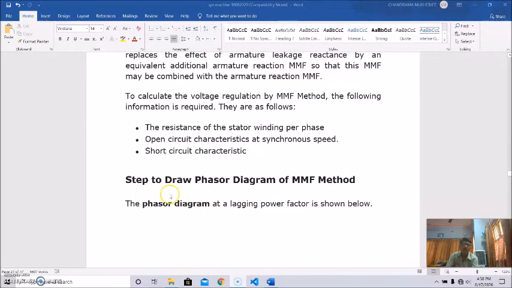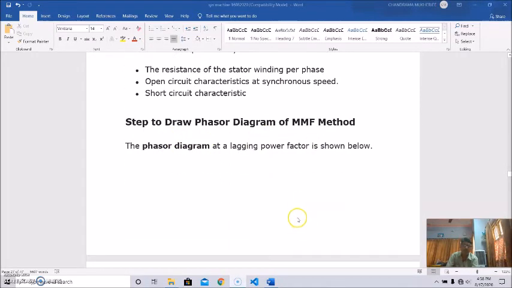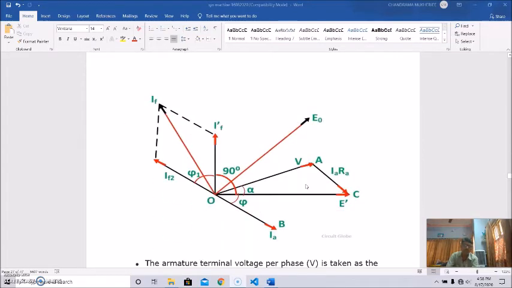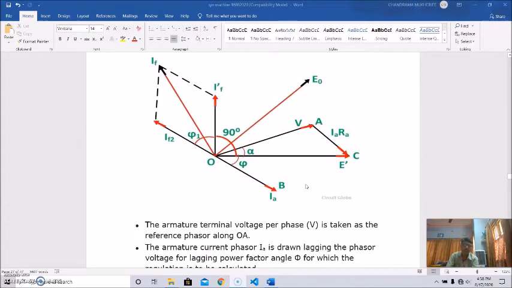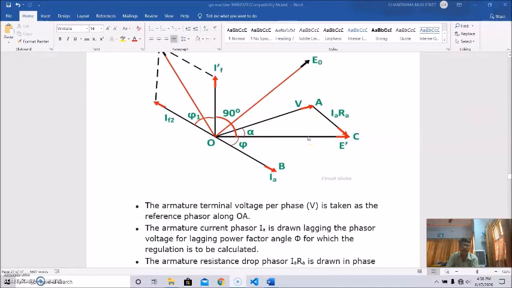How to draw the phasor diagram of the MMF method? The phasor diagram at lagging power factor is shown here. The armature terminal voltage per phase V is taken as the reference phasor along OA, and the armature current phasor IA is drawn lagging the voltage V by the lagging power factor angle phi.